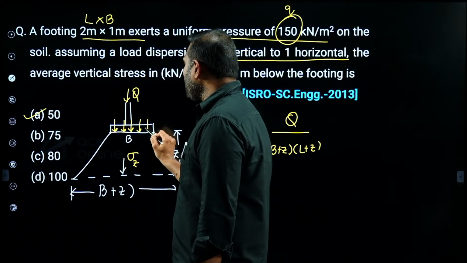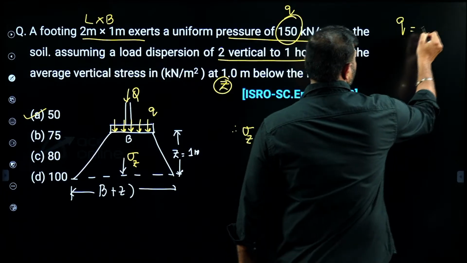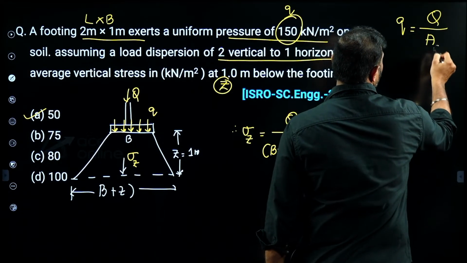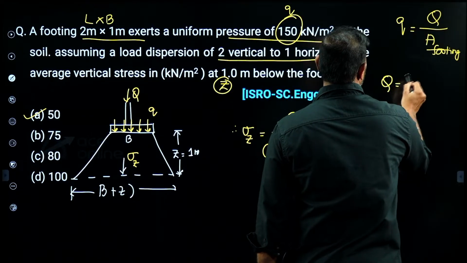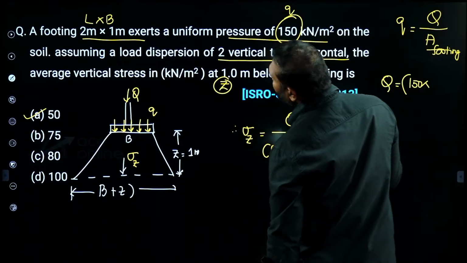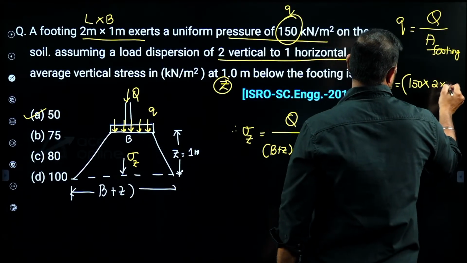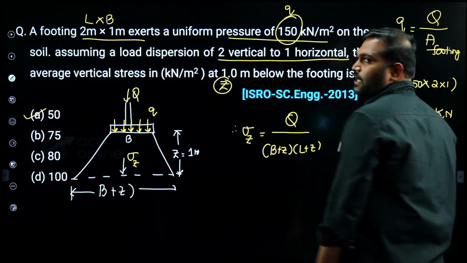If you know the pressure, you can find the point load, right? Small q is equal to capital Q by the area of the actual footing. So capital Q is 150 into the area of the footing, L into B, which is 2 into 1. So this comes as 300 kilonewtons, right?